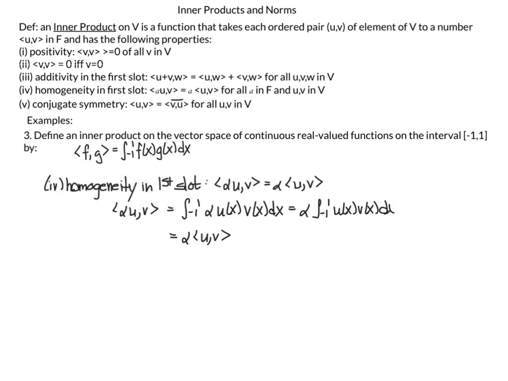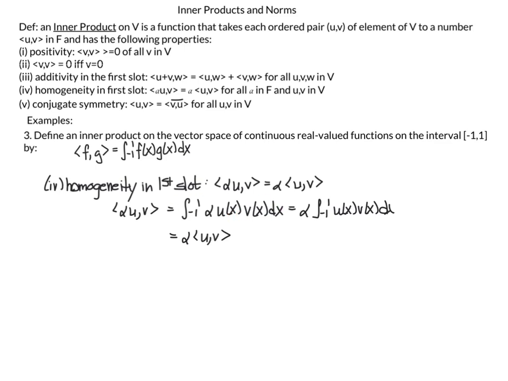Next, the scalar alpha times u with v is equal to the scalar alpha times the inner product of u and v. Working on the left-hand side, using our definition for the inner product of alpha u with v, we have the integral from -1 to 1 of alpha u of x times v of x.